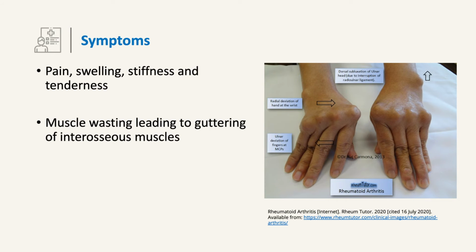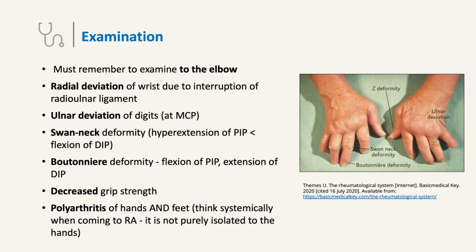If we were to move on to the examination of a rheumatoid arthritic hand, we can still use the principles of look, feel, move, and perform any special testing. The proviso to this, of course, is to not cause pain. For the examination of the hand, it is equally important to ensure adequate exposure of the patient's elbow, forearm, and wrists.